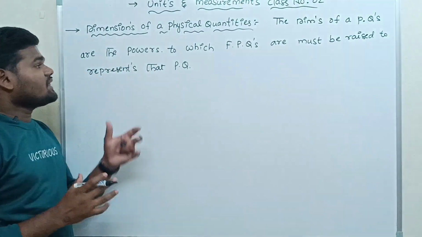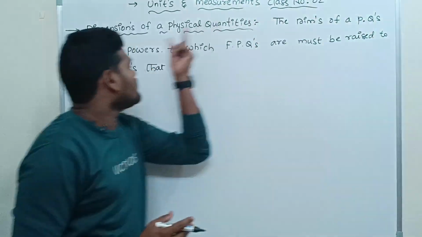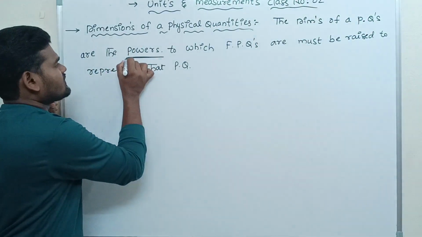So what is the meaning of dimensions of a physical quantity? The dimensions of a physical quantity are the powers.